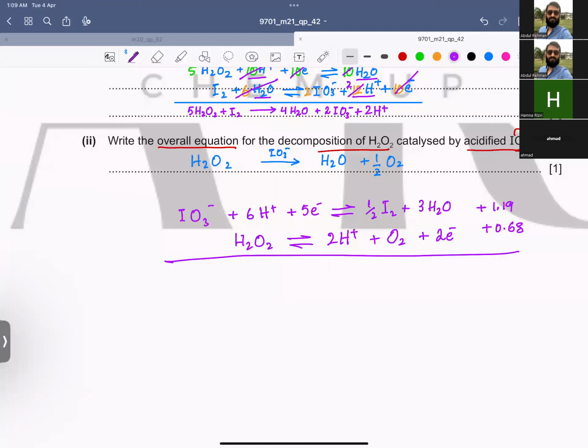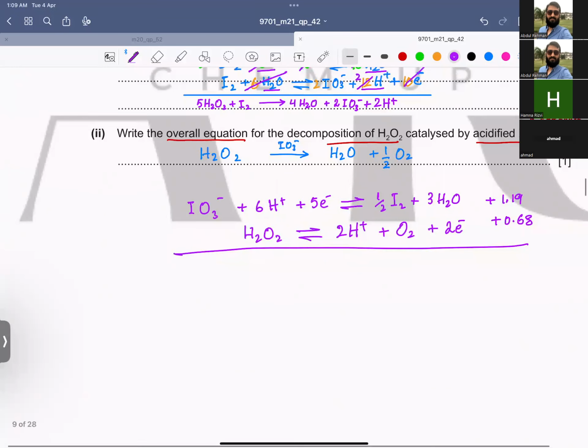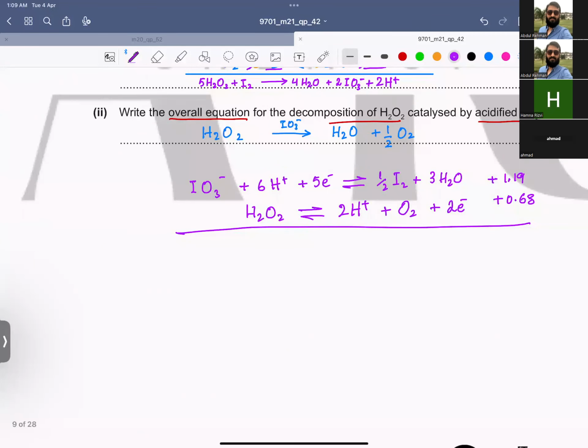Okay. So if I add these equations, first I have to equalize the number of electrons on both sides. If I multiply the first equation by 2, I get 2, 12, 10. 2 times half gives me 1, and 2 times 3 gives me 6. And the second equation I have to multiply by 5. So 5 over here, 10 over here, 5 over here, and 10 over here.